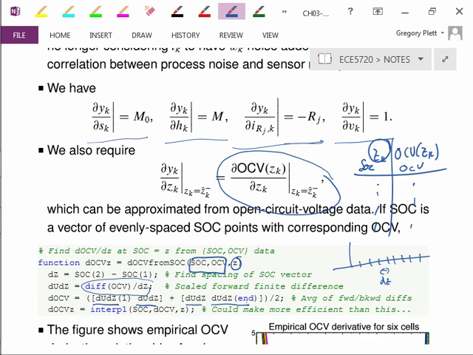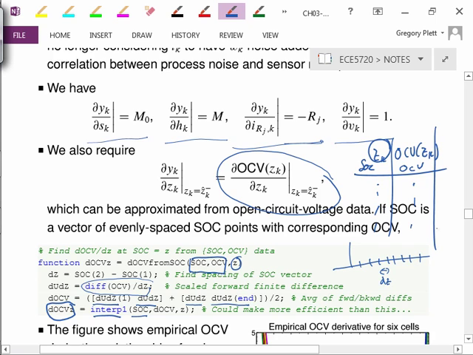Then from this central difference approximation, I take the derivative at my desired point by interpolating from the original SOC curve, but now I've added a DOCV column, and I interpolate at the desired point in order to get the DOCV by DZ at that point. Now, interp1 in MATLAB is horribly inefficient. You could do this manually using a bunch of extra code, and it turns out to be a lot faster, but this is the idea, and this will work.